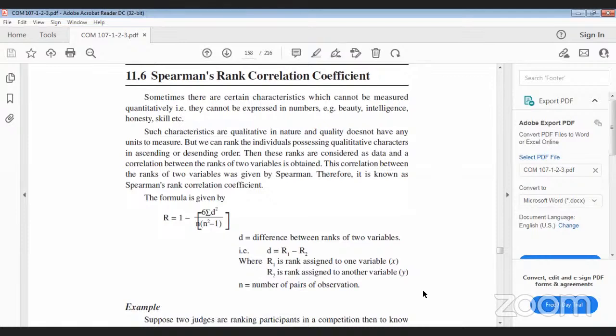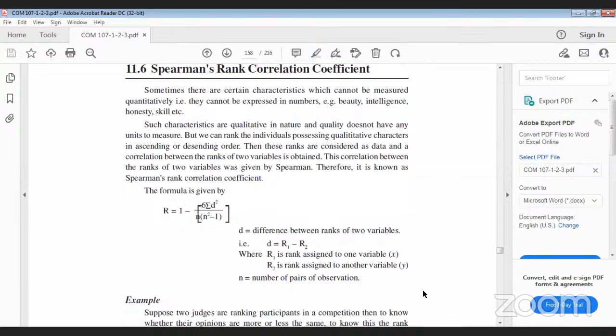Here d is the difference between the ranks of two variables, that is d is equal to R2 minus R1, where R1 is the rank assigned to one variable, that is x, and R2 is the rank assigned to the other variable y, and n is the number of pairs of observations.